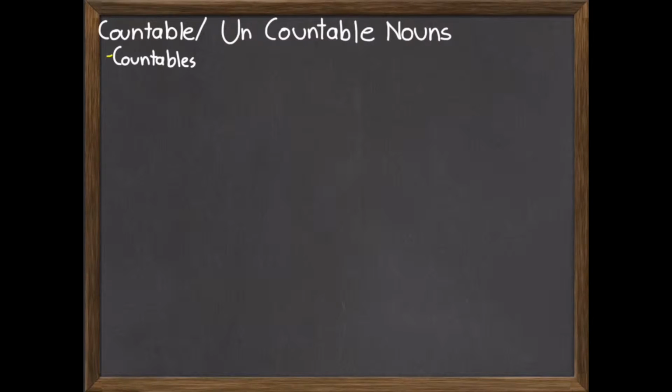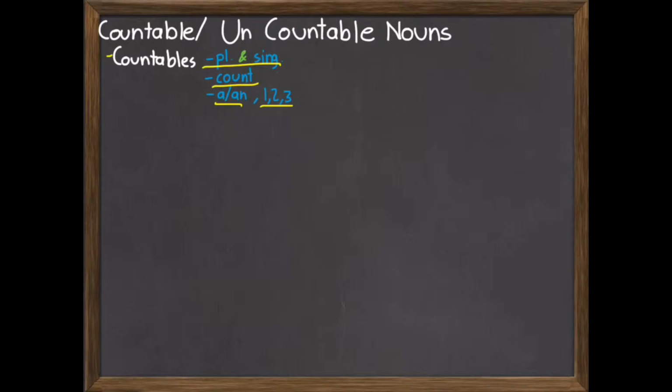Countable nouns have both a singular and a plural form. We can count them, and we can use a or an and numbers before countable nouns. So again, countables have plural and singular forms. We can count them, and we can use a or an and numbers before countable nouns.